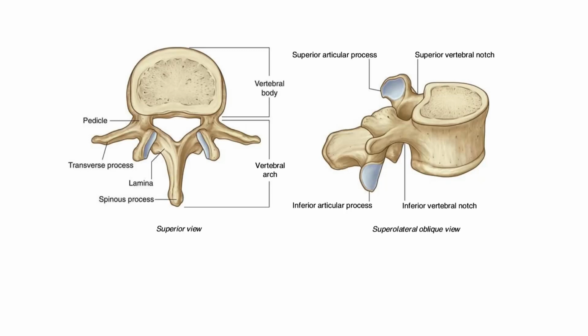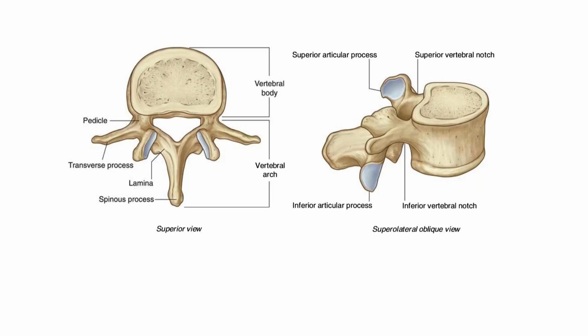At the posterior side we have the vertebral arch, which contains the pedicle that attaches the arch to the body, and laminas. Also we have a spinous process that projects posteriorly and inferiorly from the laminas, and it's for muscle and ligament attachment.